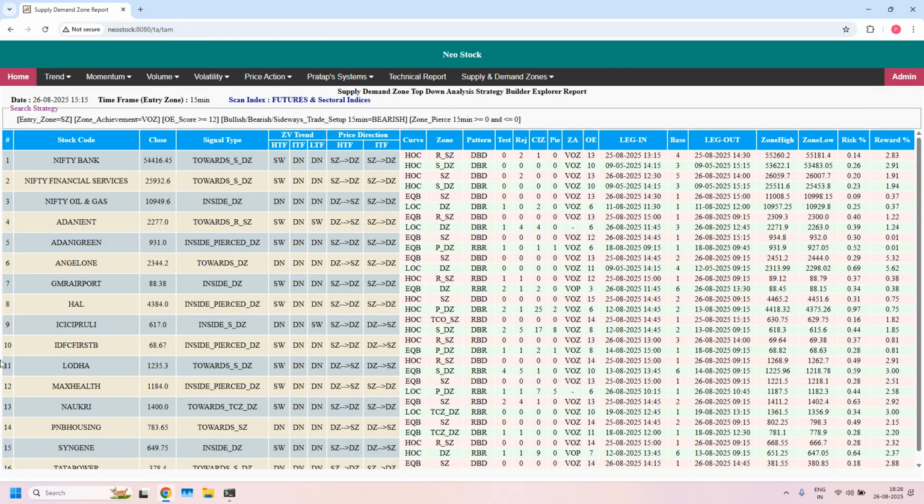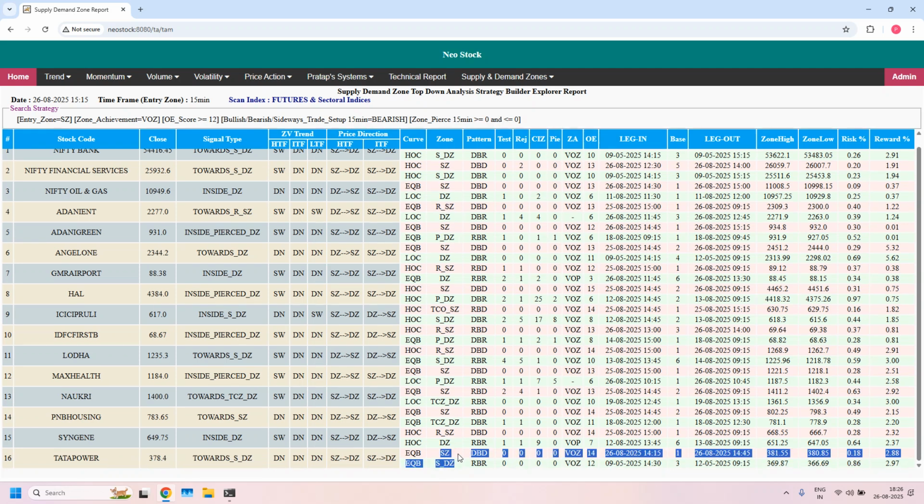With these filters, we got 16 stocks. So first 15 stocks in the list, supporting bearish trade setup for daily income trade, and entry time frame zones are 15 minutes supply zone.